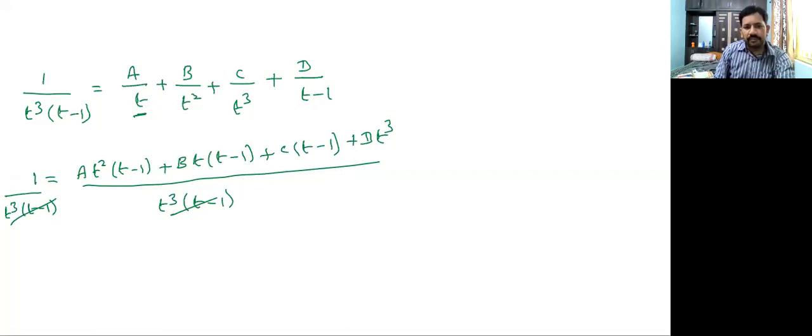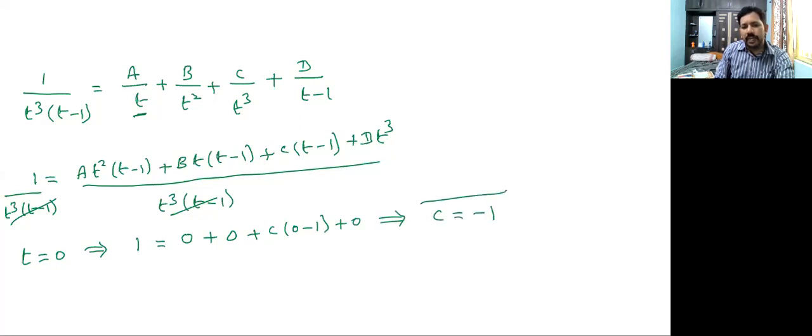Now observe that we need to find the values of A, B, C, D. Go to t = 0. Then what happens? The left hand side is 1, the right hand side terms are 0, 0, and here 0 minus 1, this is also 0. Finally, 1 = −C, so C value is −1.